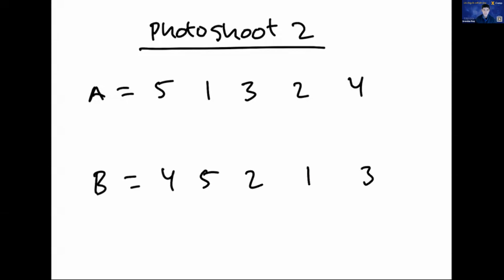This is not the same as the first test case. Obviously, they are not in the exact same positions, so I can't just do no work here. I'm going to have to do some swappings.